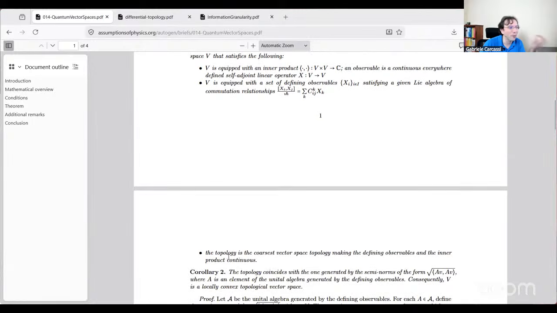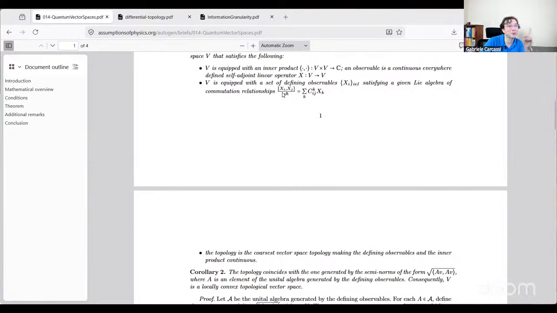And then you say that the topology is the coarsest vector space topology making the defining observables and the inner product continuous. Which makes sense. The probabilities have to be continuous, and these things have to be continuous. Now, the trick of all of this is that once you say, let's say that position is continuous, then position squared is continuous because you're combining two continuous maps.